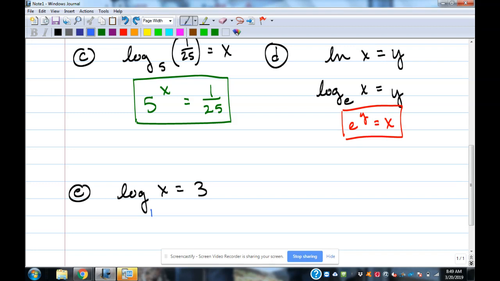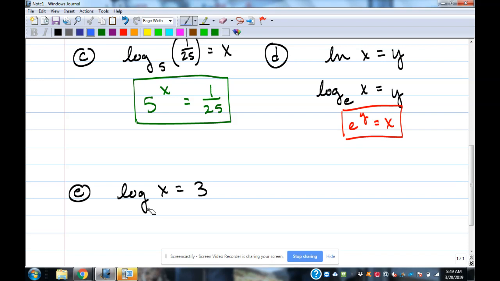Each position in numbers, the ones position is 10 to the 0 power, the tens position is 10 to the first power, the hundreds position is 10 to the second power. That idea, we're in the base 10 world. So this is a common log. Natural log and log base 10 are the common logs, is what they're called.